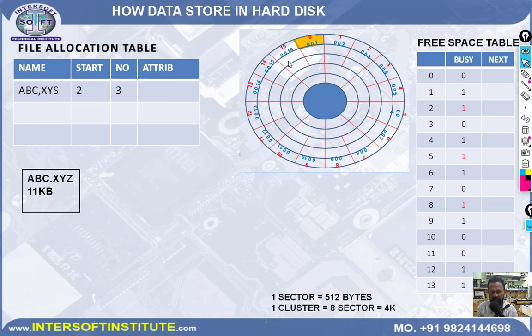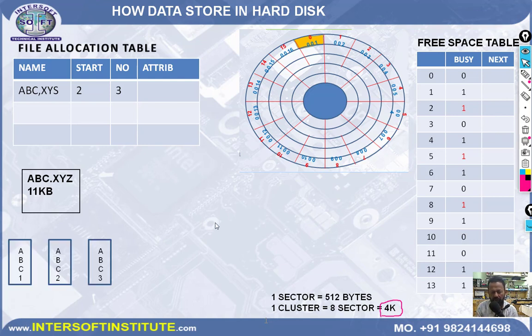Here one sector is equal to 512 bytes and one cluster is equal to 8 sectors. So the minimum space allocated to one file is 8 sectors, which is 4K. So the minimum for one file is one block of 4K. Here we have different blocks.